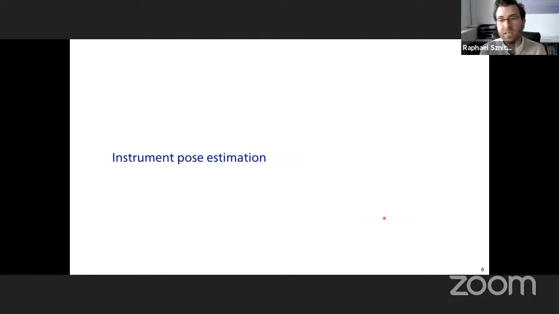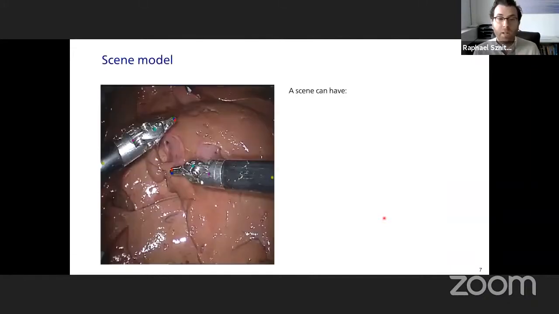When I mean pose estimation, I'm really talking about being able to identify where a surgical instrument is in a field of view. What we can typically say when we have an image like this is that the whole scene can be broken down: a scene might have multiple instruments that you want to detect, so that's already to take into account.